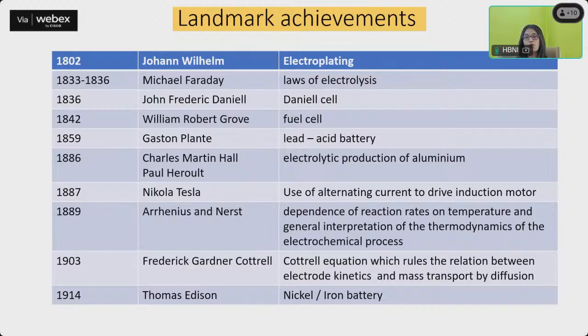Then Cottrell found the Cottrell equation, which relates electrode kinetics and mass transport by diffusion, and forms the cornerstone in developing any material used in electrochemical energy storage. That was in 1903. Then the nickel and iron battery, brought forward by Thomas Edison in 1914. This gives you in a nutshell the landmark achievements in electrochemistry in the early 20th century.